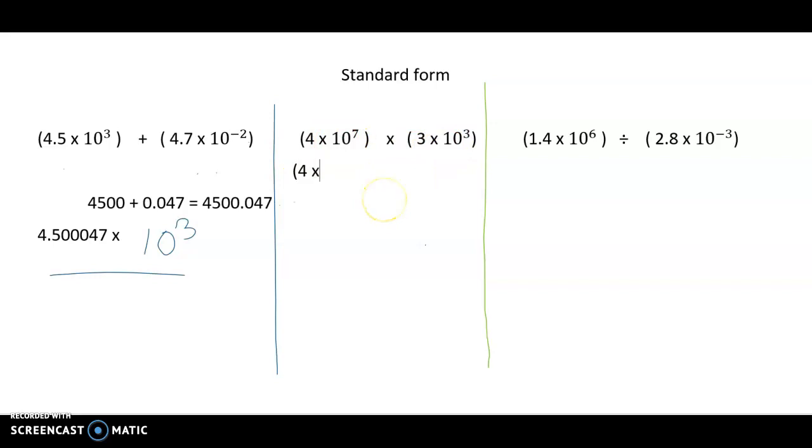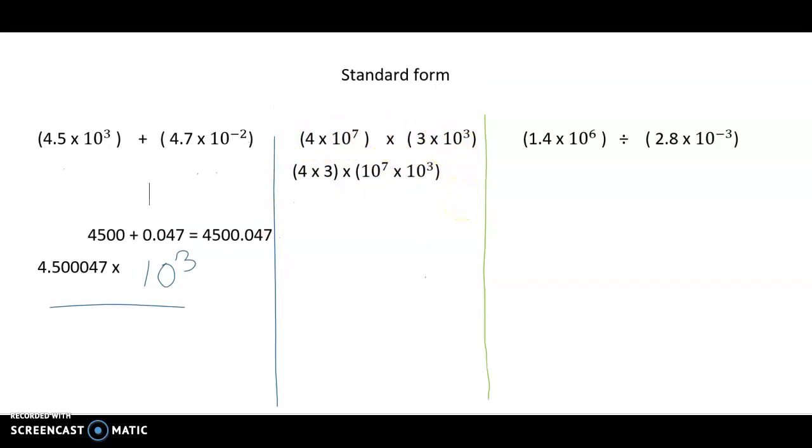So I've got 4 times 3, and then I'm going to put it into standard form with the other powers, and I'm going to use my power rules to combine them. So what you can see that I've done here is I have split it into the numbers and then the powers.